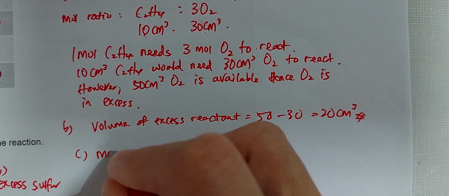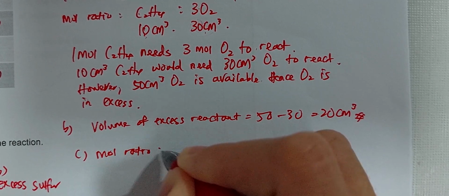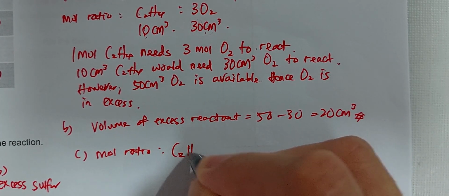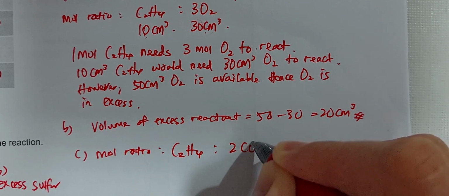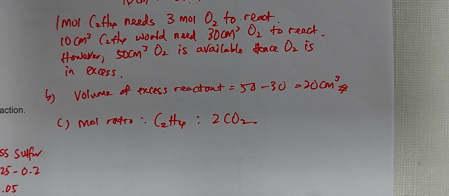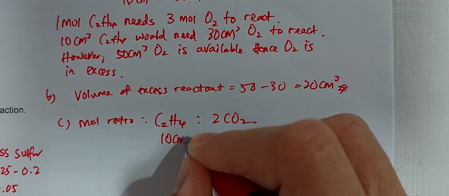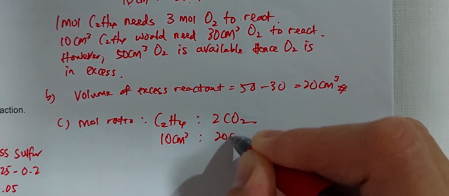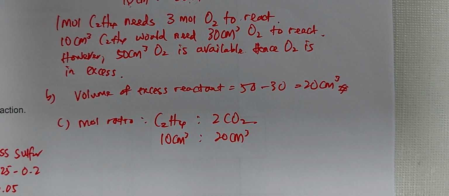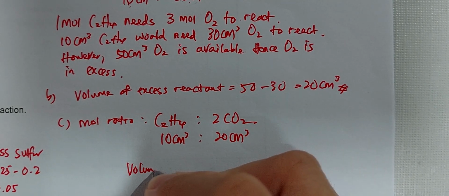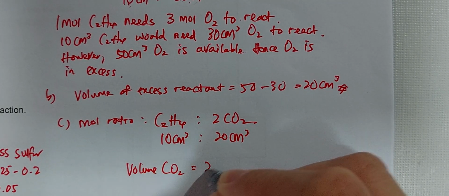So 1 mole C2H4 to 2 mole of carbon dioxide, so 10 cm3 gives 20 cm3. So the volume of carbon dioxide is 20 cm3.